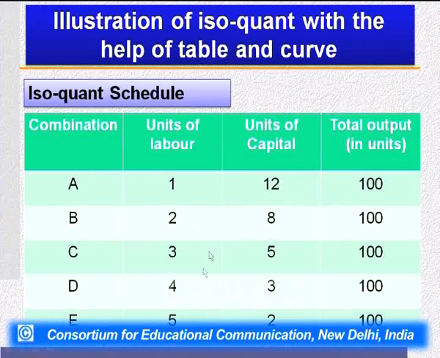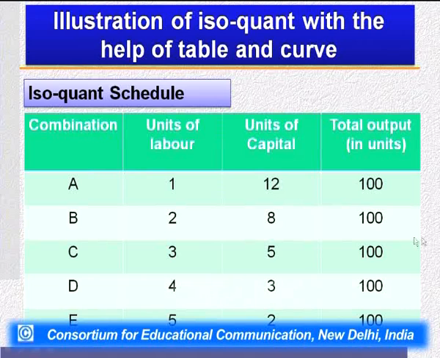Suppose in combination A, when you use 1 unit of labor, you use 12 units of capital, and you get 100 units of output. But in combination B, you increase the units of labor from 1 to 2. So you have to decrease the units of capital in proportion so that you get the same output. To keep the level of output the same, you have to balance both inputs, the factors of production, accordingly.